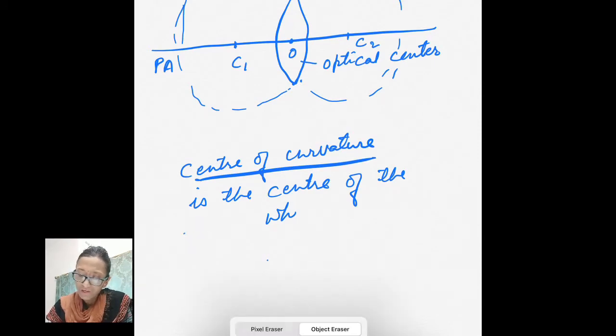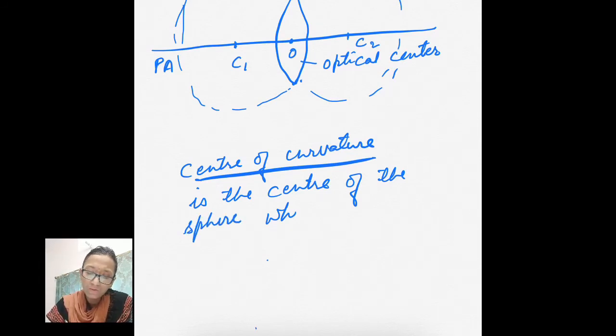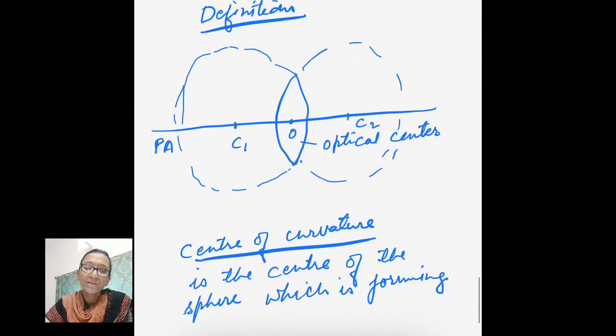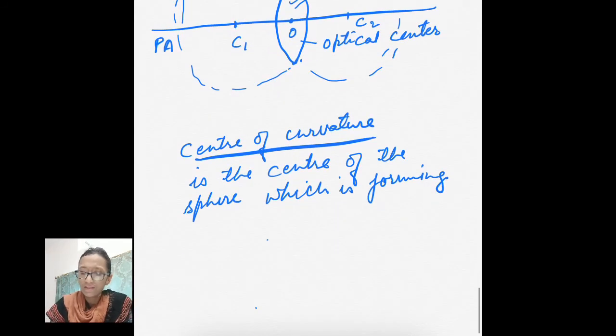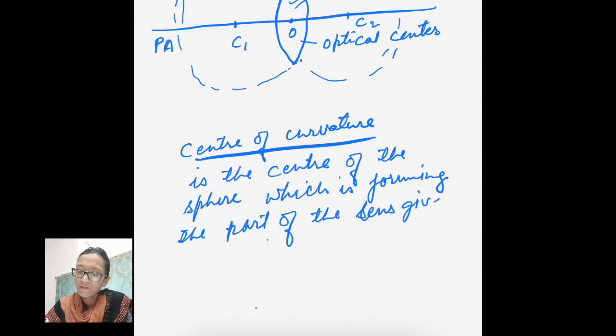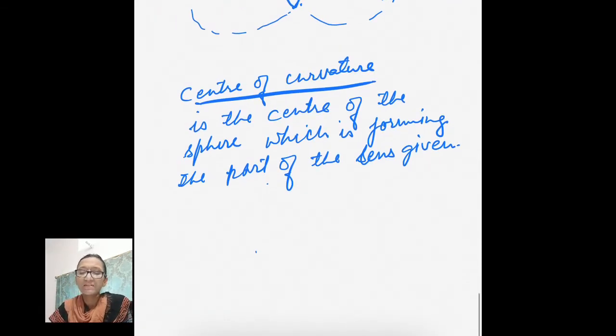Let me write sphere only. This sphere is forming the part of this very lens. So you can write: the center of the sphere which is forming the part of the lens given. Okay, so this way you will be defining center of curvature.